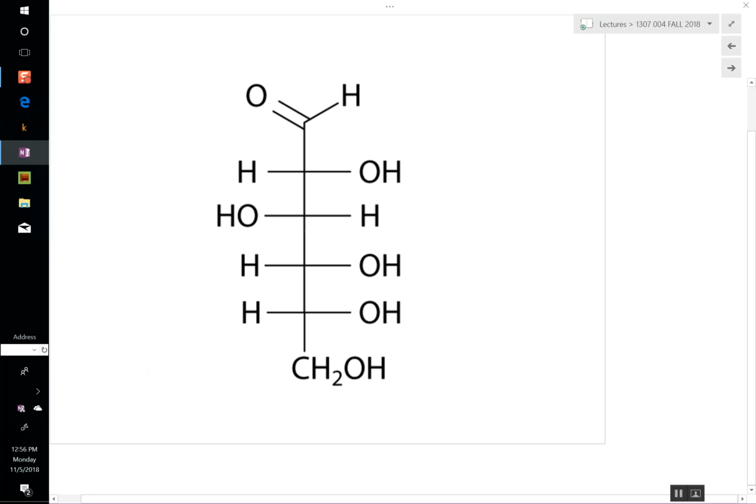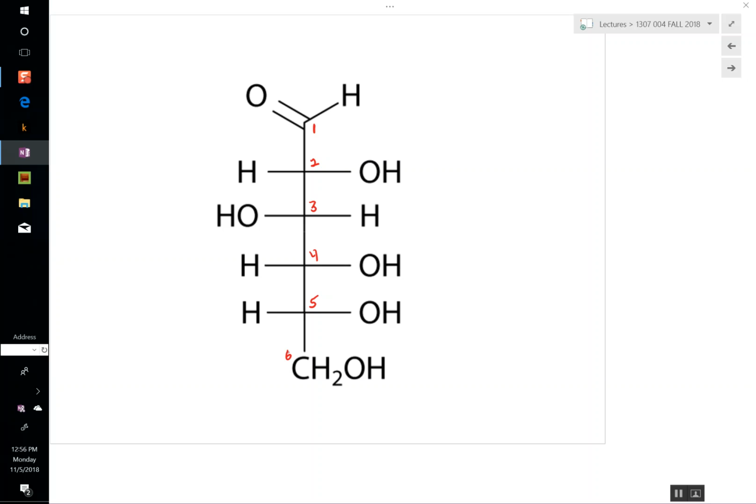All right, so let's just get a little bit familiar with carbon numbering. What's the distinguishing carbon on glucose? It's the one with the carbon-oxygen double bond, the aldehyde functionality. So that's where we are going to start counting the carbons.